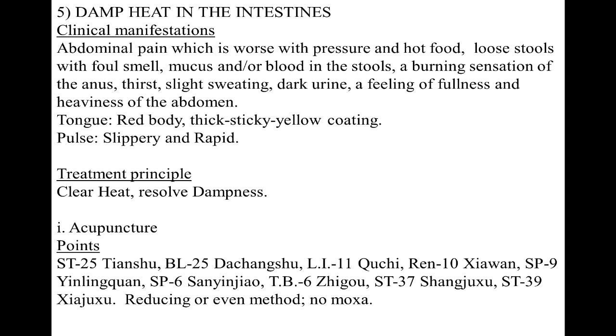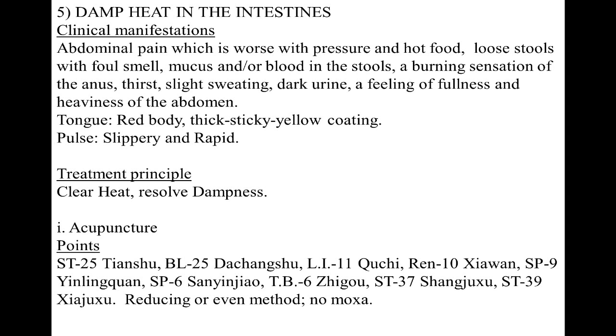And the points we have there are points that on the one hand stimulate the descending of the Qi of the intestines, like Stomach 25. And we have the two lower He-Sea points of the intestines, Stomach 37 and 39, which I would always have.